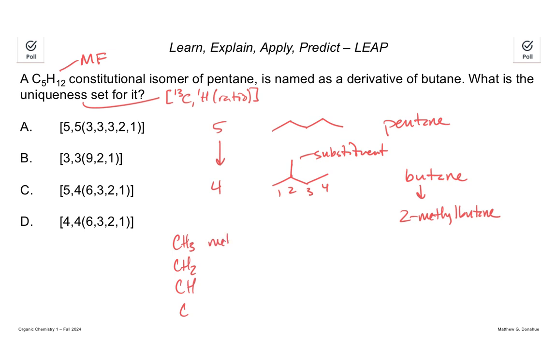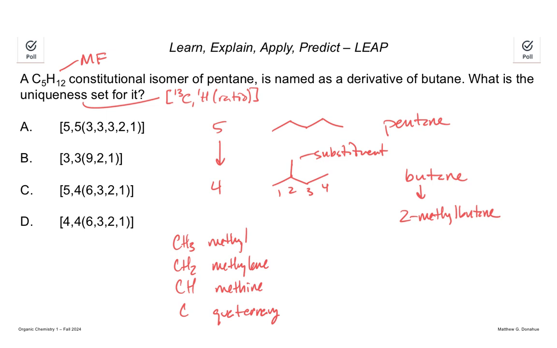They have special names. This is called methyl, CH2 is methylene, CH is methine, and then C is just called quaternary. So right now, we're just going to total them. We're not going to think about uniqueness. We're just going to count the total, and then we'll apply this extra question of uniqueness.